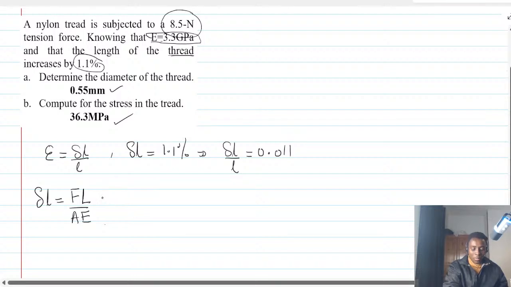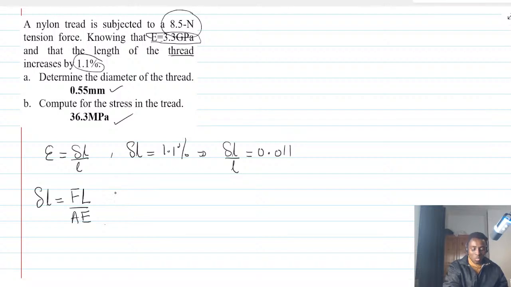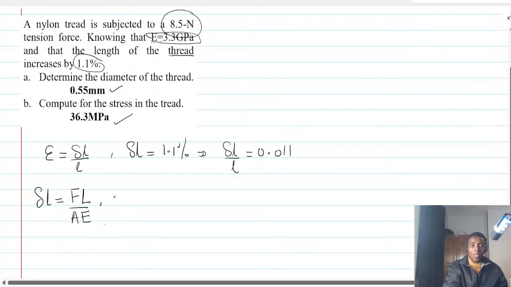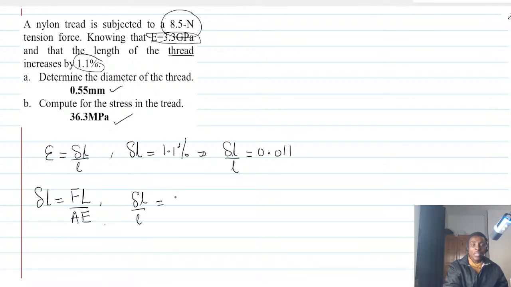Okay, but we know that the change in length over the original length will be F over what? AE.